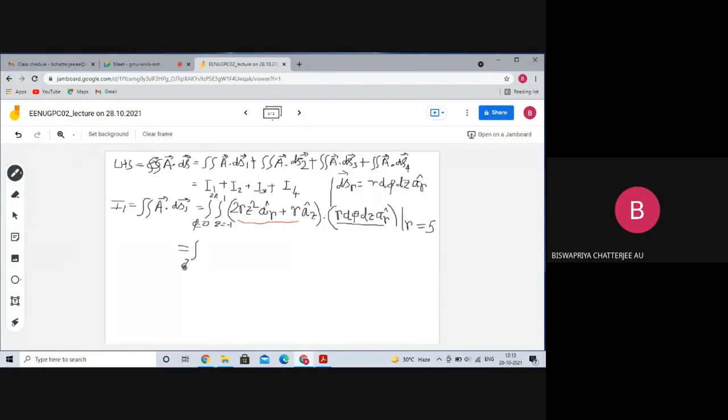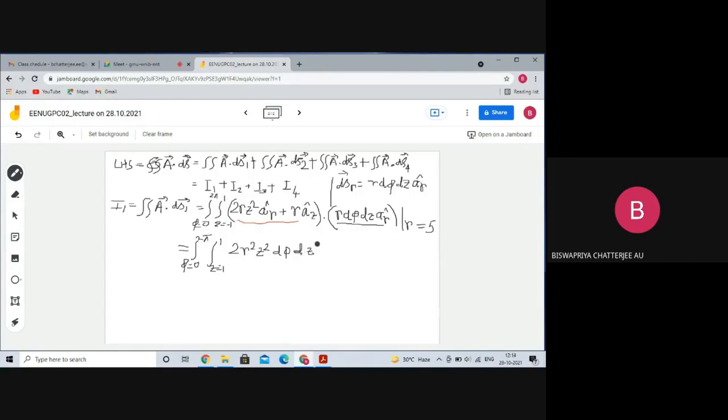the integration limits: phi from 0 to 2 pi, z from -1 to 1, then it is 2 r square z square d phi dz.